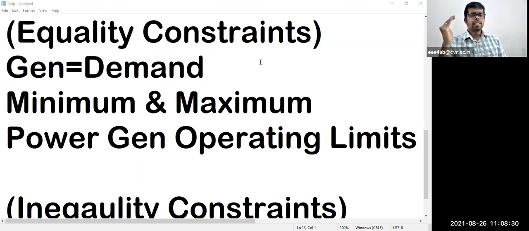If the efficiency comes down to 60%, 50%, 40%, 30%, then definitely that is a loss for us, because we are spending crores and crores of rupees on coal for running that particular power plant.